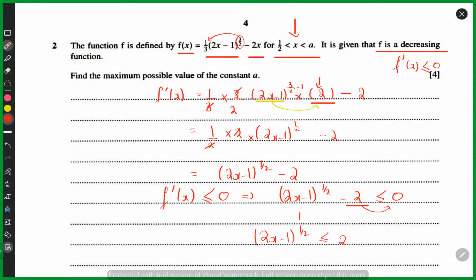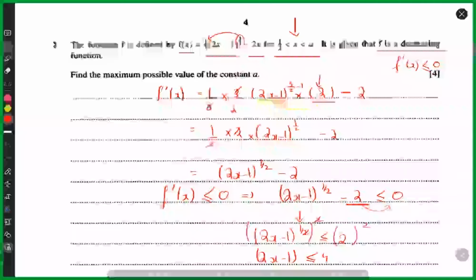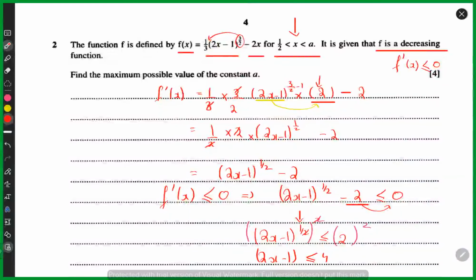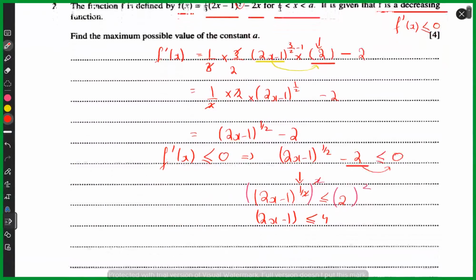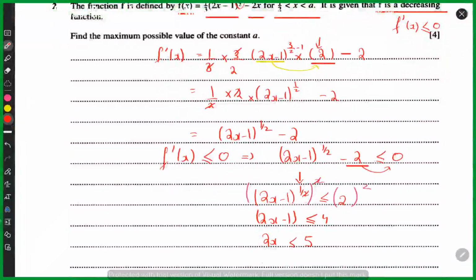In order to get rid of this 1 by 2 or this square root, what do we do? We square both sides. When I square, this 2 and this 2 would get cancelled and I would get 2x minus 1 is less than or equal to 4. And upon simplification, I am going to take this 1 on the other side. So this would give me 2x is less than or equal to 5. So x is less than or equal to 2.5.